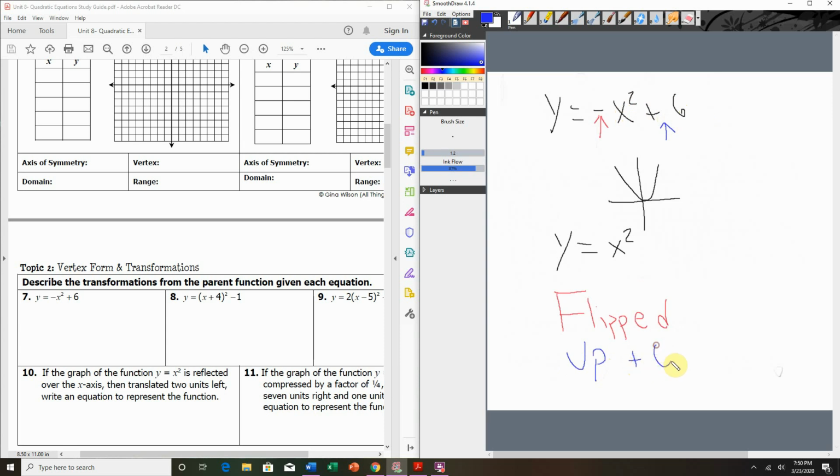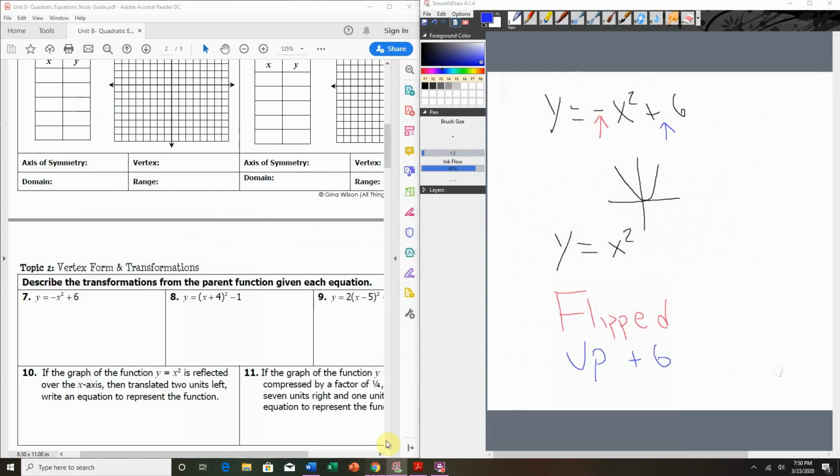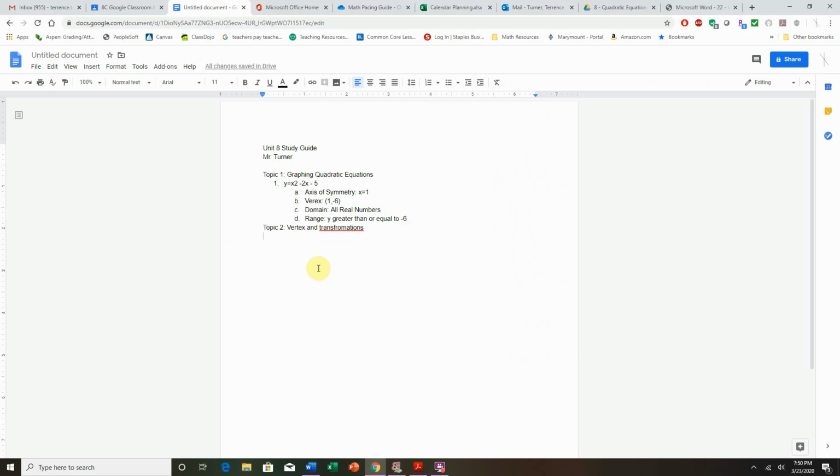So up, plus 6. To review, we first identified what our parent graph was, then identified the two changes, in this case negative and a plus 6. So we know it has to be flipped, and it's going to go up 6 values. Going back to my Google Doc, in this case this was number 7, and it was y equals negative x squared plus 6.